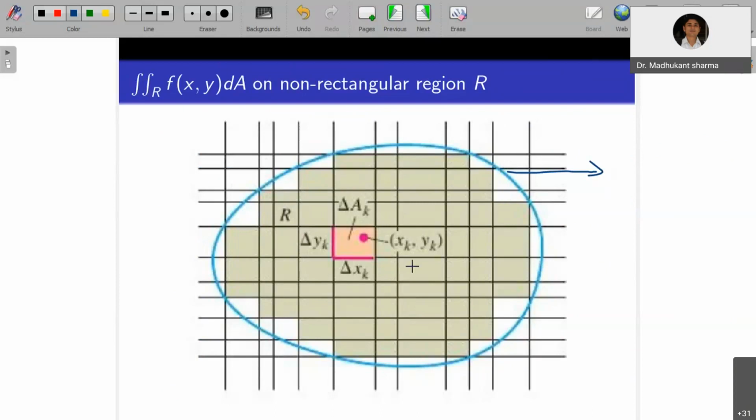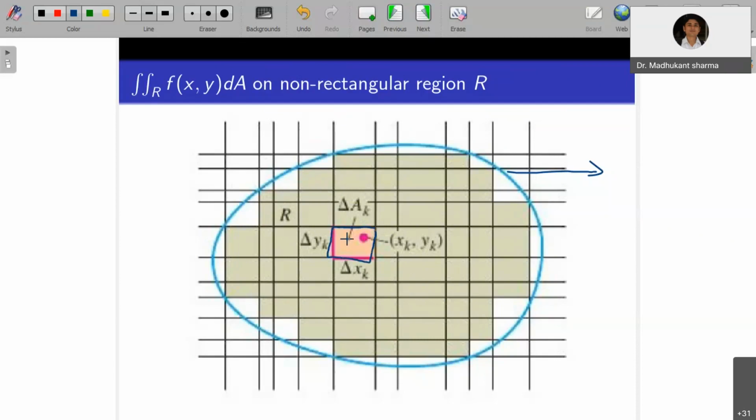Again, you will partition: draw vertical lines and horizontal lines, which will give you, as close as possible, small rectangles. You will apply the same idea as discussed previously, and you are going to get the volume again in a similar way.